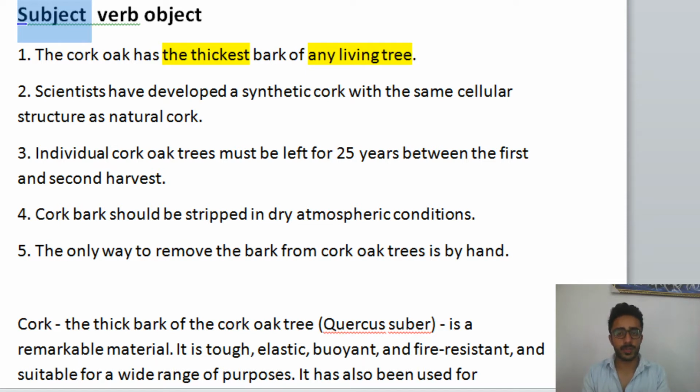So if I talk about my first question, the cork oak, which is the name of some tree here, we don't need to know the meaning at all. And the thickest, definitely it is the verb, and any living tree we put in the object category. It doesn't even need real grammar here. You can apply the three-part formula as well: first, second, and third part, right?